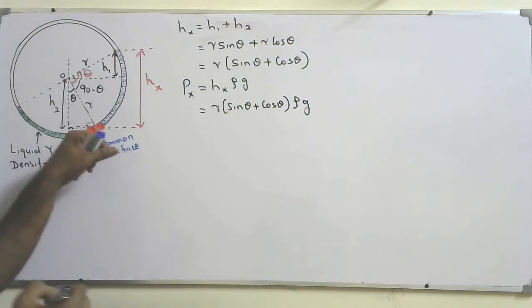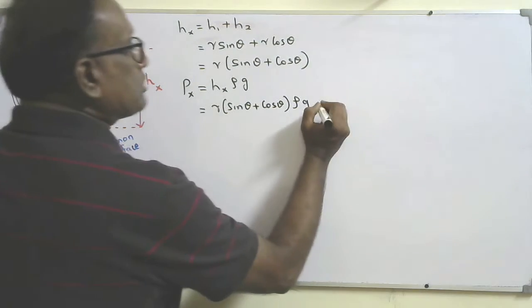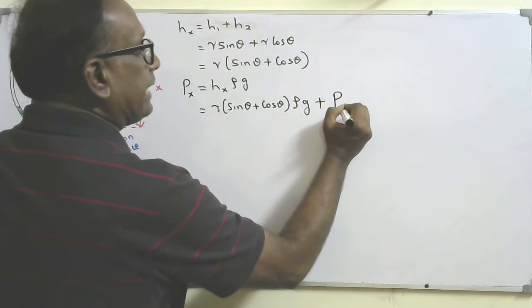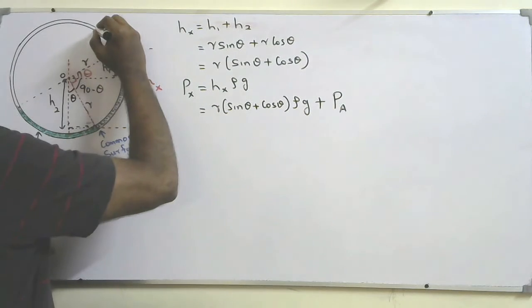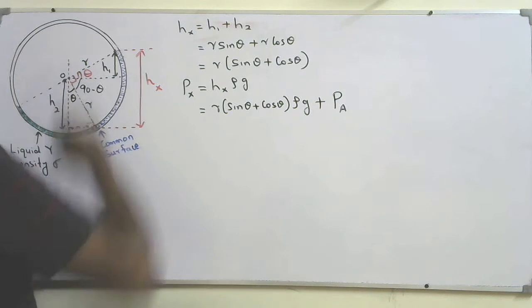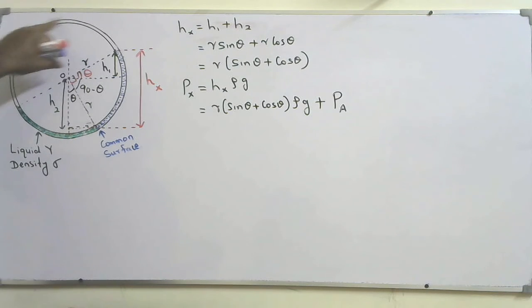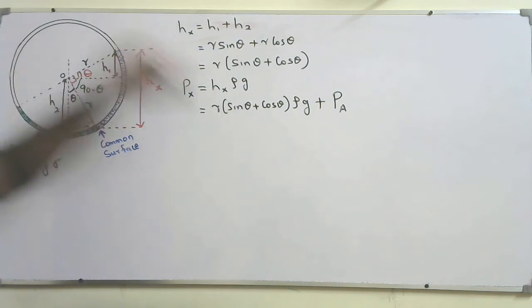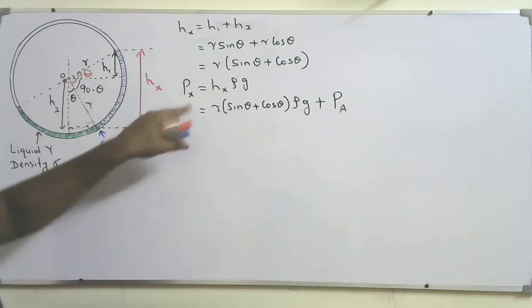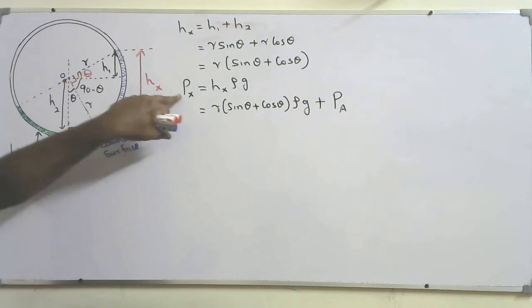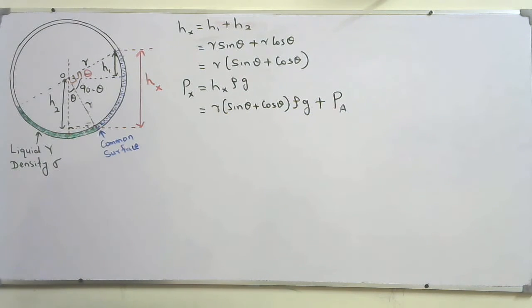For the total pressure, you have to add the atmospheric pressure PA, because here it could be air. Nothing is mentioned, so I can say this is air. If there is air, not a vacuum, then the atmospheric pressure should be added to the liquid pressure. That will be the total pressure at the common surface due to liquid X.